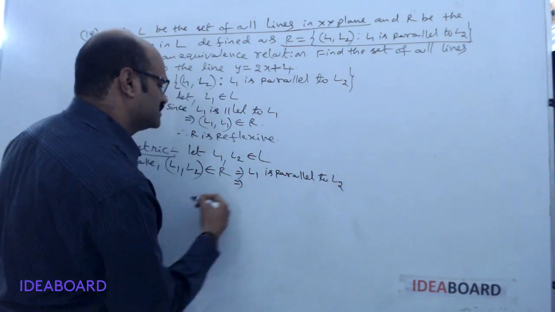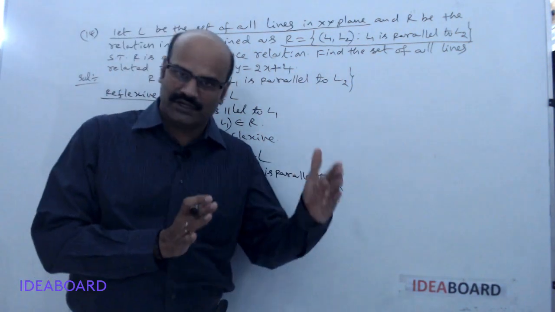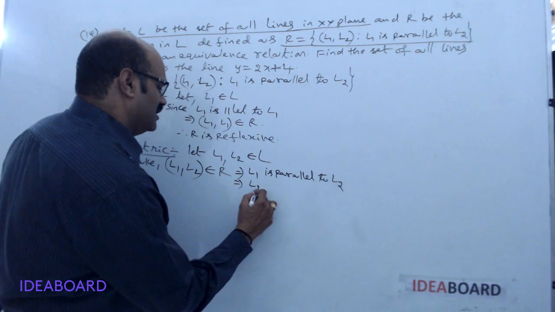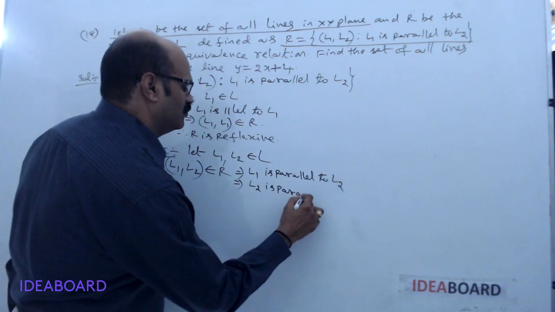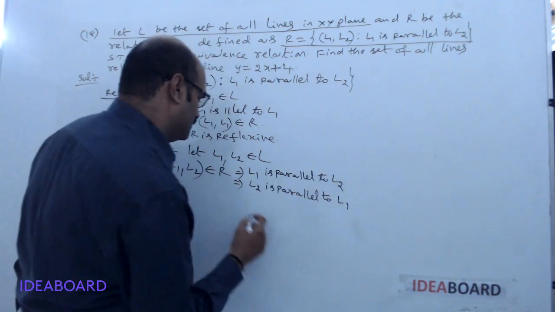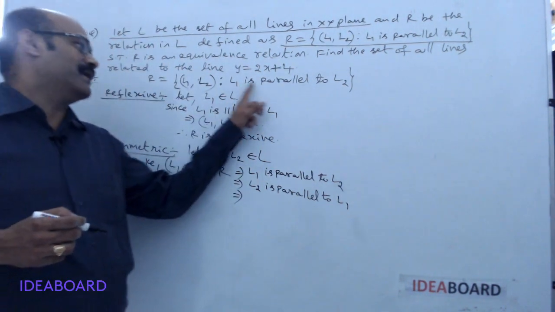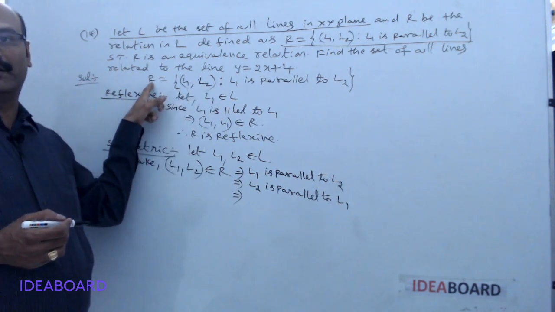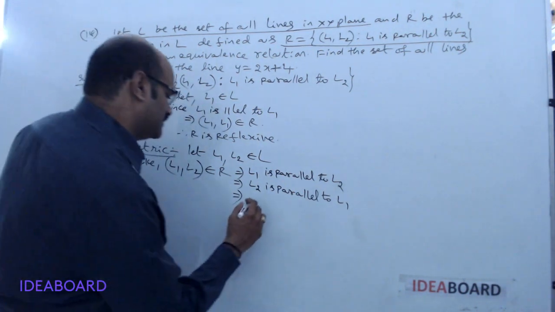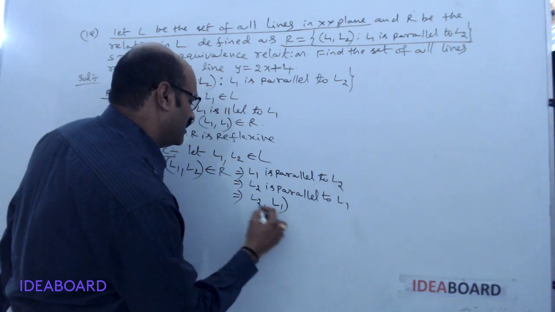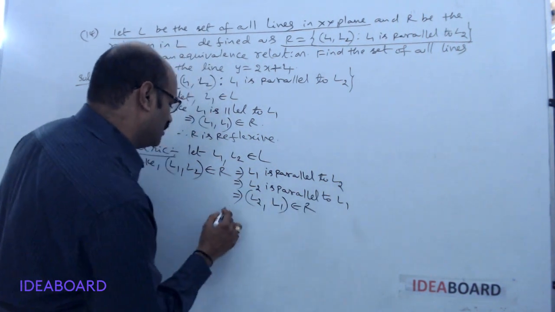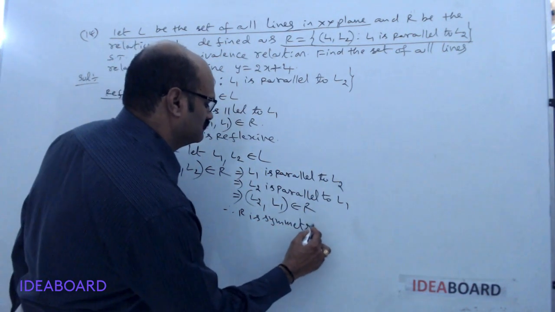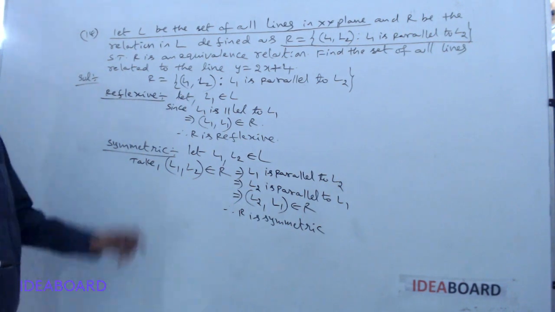Whenever L1 is parallel to L2, L2 is also parallel to L1. So when L2 is parallel to L1, we say that L2 comma L1 belongs to R according to the given relation. Therefore, R is symmetric. Next, transitive.